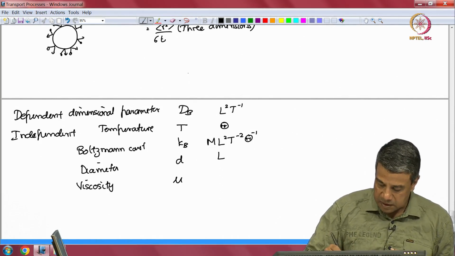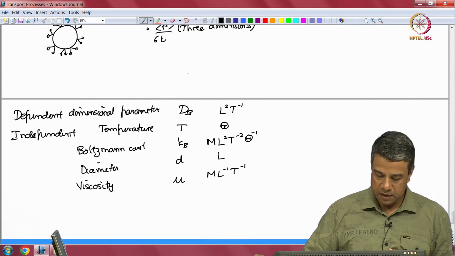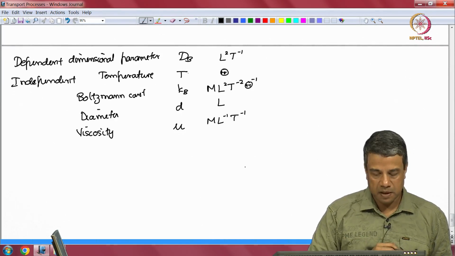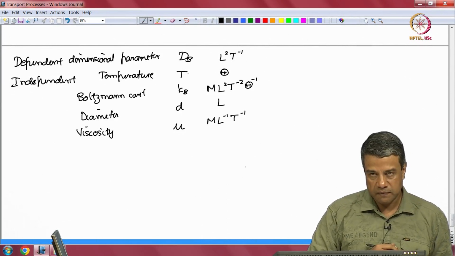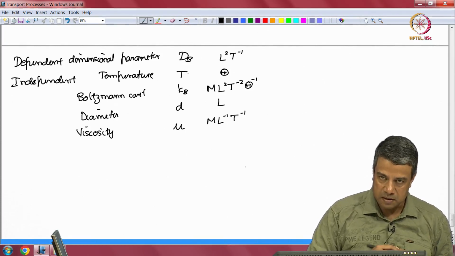Therefore, viscosity is the other parameter. This has dimensions of m L inverse T inverse. So, I have 1 dependent and 4 independent parameters, total 5. I have 4 dimensions, mass, length, time and temperature. There is only one dimensionless group.